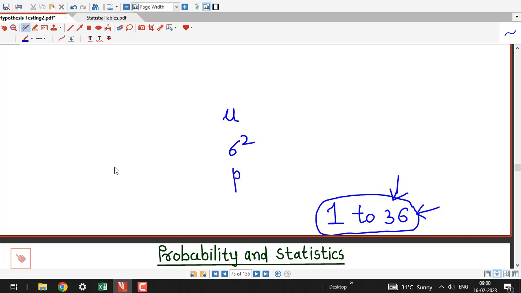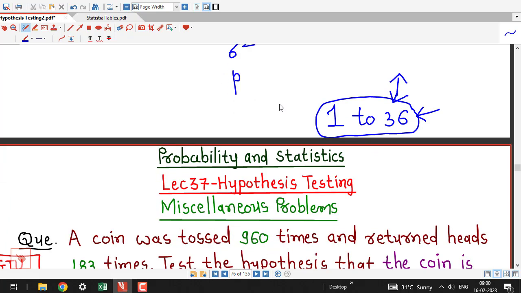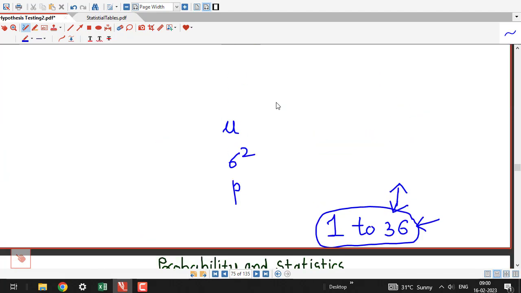Similarly, you might be familiar with large sample hypothesis test and small sample hypothesis test. So you must be familiar with all those terminologies which we have discussed in lecture number 1 to 36, and then only you can decide which test is applicable for a given problem.